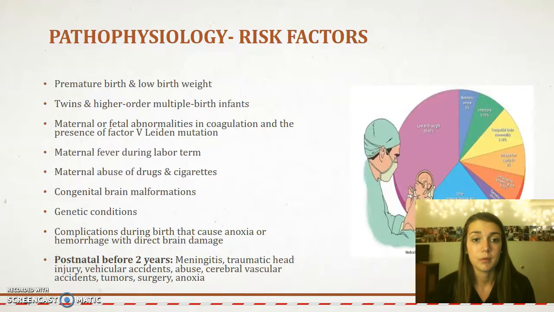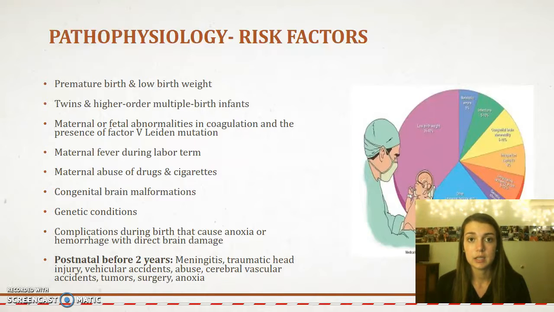Twins and higher order multiple birth infants, maternal or fetal abnormalities in coagulation or clotting, and the presence of factor V Leiden mutation, maternal fever during labor term, abuse of drugs and cigarettes, congenital brain malformations that impact the places of the brain that we talked about in the previous slides, genetic conditions, and then complications during the birth when it's happening that can cause anoxia, or lack of oxygen, or hemorrhaging with direct brain damage.